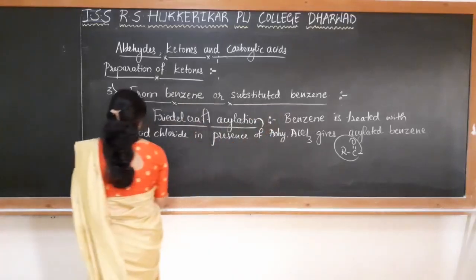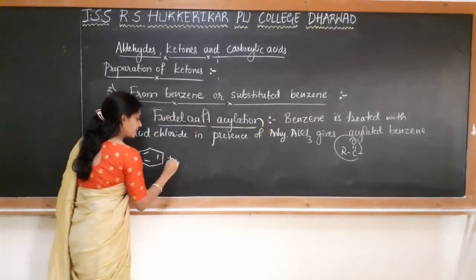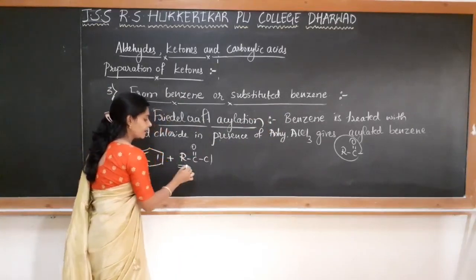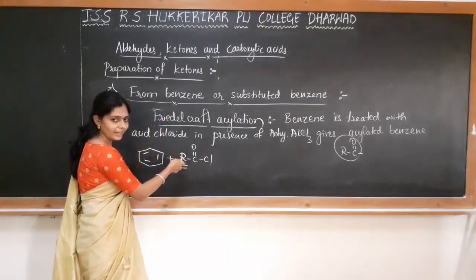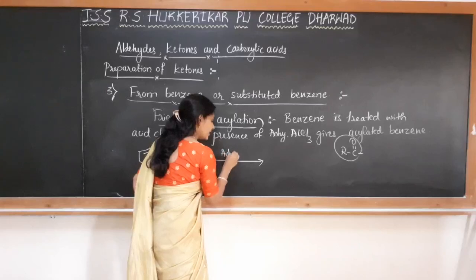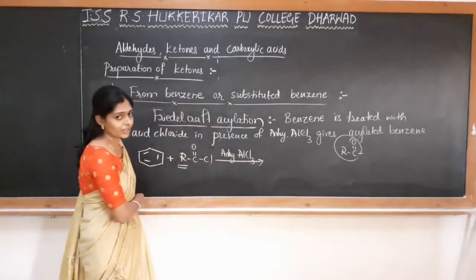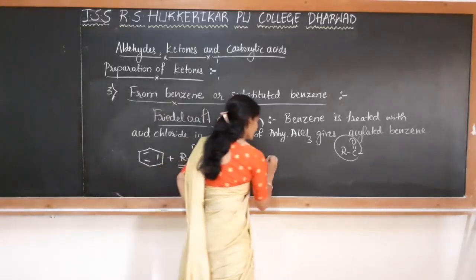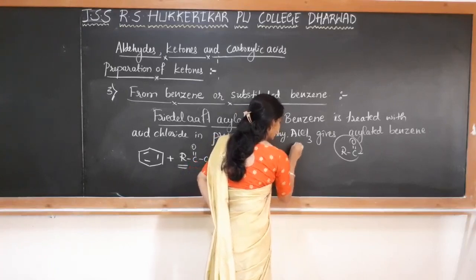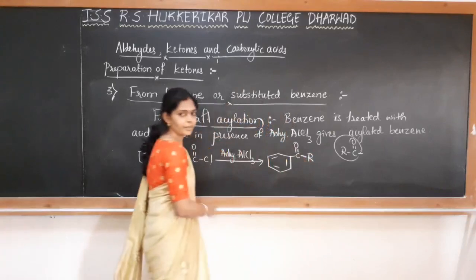And here, write an example. If I take benzene treated with RCOCl, this R group may be an aliphatic alkyl group or an aryl group. In the presence of anhydrous aluminium chloride, the electrophilic substitution reaction takes place. One of the hydrogens is replaced by the acyl group, so we get acylated benzene.